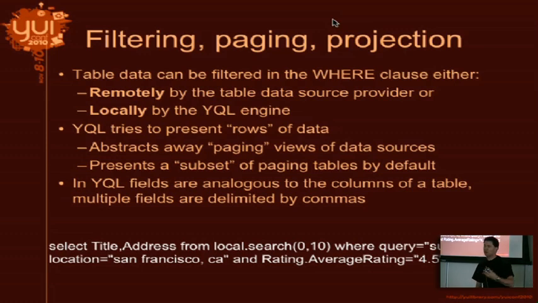And then there's a concept of columns, and you'll see that title and address are examples of columns, comma separated, and we operate on this query to extract these two specific columns of data. And this single element in itself is an example of projection. I'll just reach for that specific element in my return schema, the data payload.